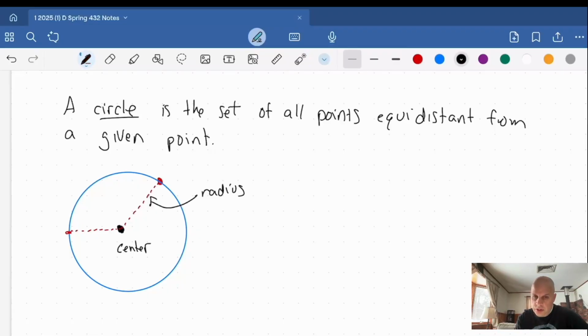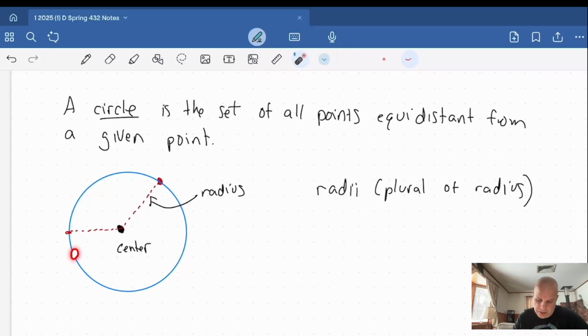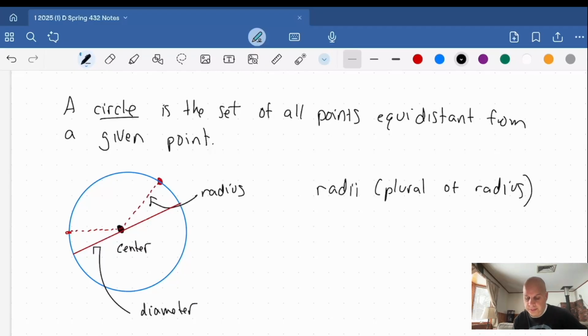If I draw two radii, radii is the plural of radius, such that they go from one end of the circle through the center all the way to the other end, like this one right there, that is what we call the diameter of the circle.